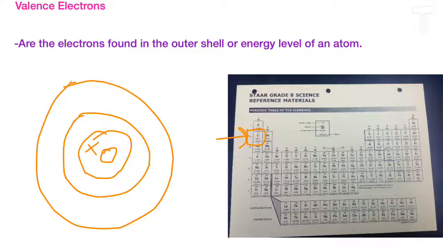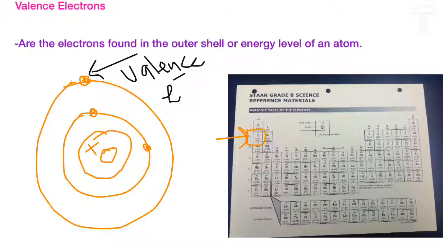And because of 8-man, you know that since the atomic number of lithium is 3, it also has 3 electrons and 3 protons. So I'm going to draw my electrons. Here's 1 electron, 2 electrons, and 3 electrons. And this guy right here, who's on the very outside ring, he is a valence electron.